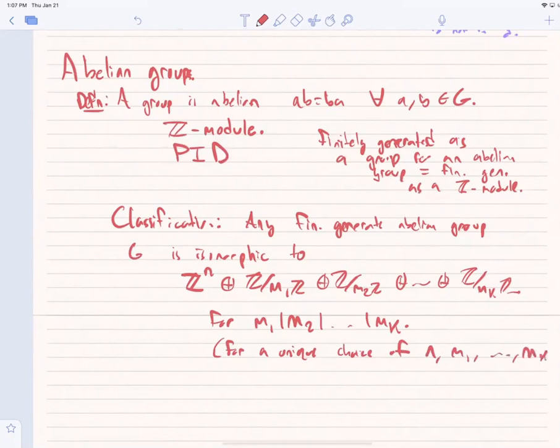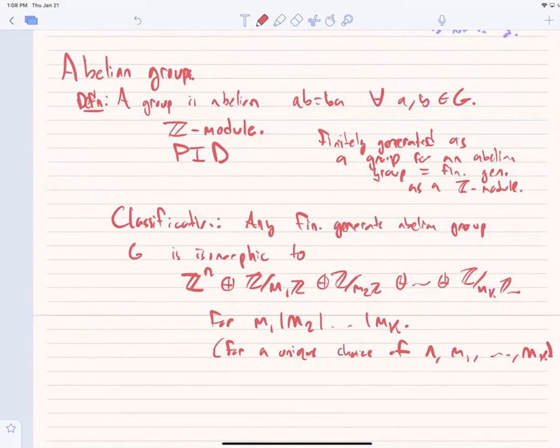So any finitely generated abelian group is isomorphic to a group of this form. And this is literally just the statement of the classification theorem for finitely generated modules over a PID, expressed for Z modules, which are abelian groups. If you don't remember that classification theorem, that's one of the most important things that was covered last semester.